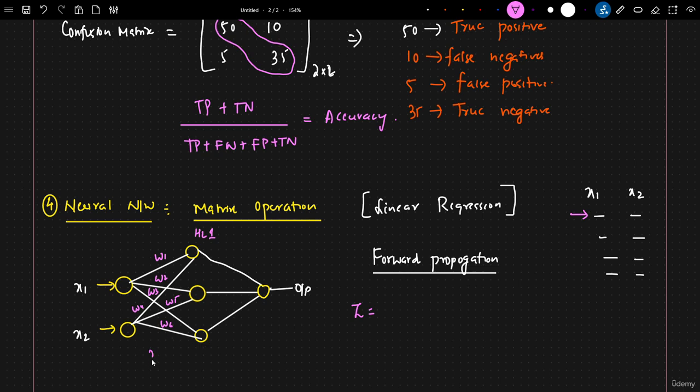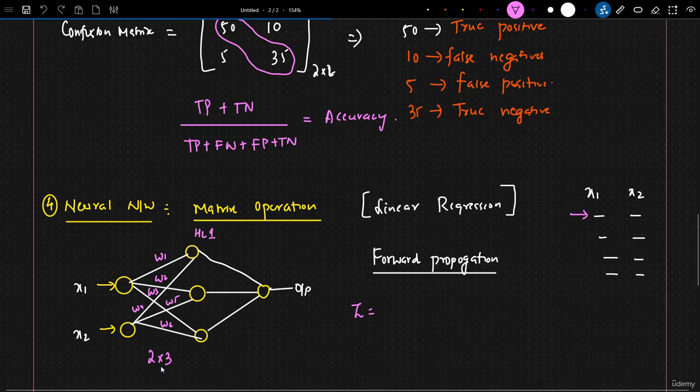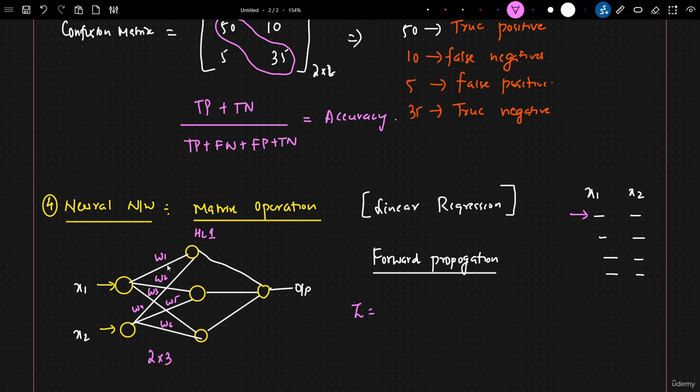So the matrix is a 2 cross 3 matrix: two inputs, and from each input I get 3 weights. So 2 cross 3 is 6 parameters, and that is what we get: W1 to W6. This is the most important thing to understand.